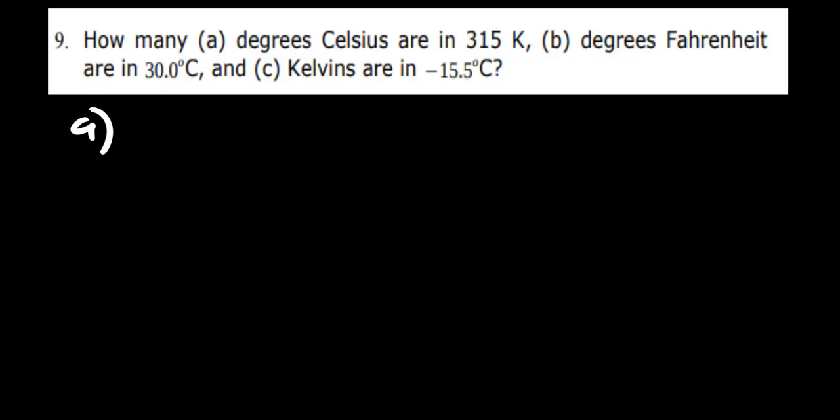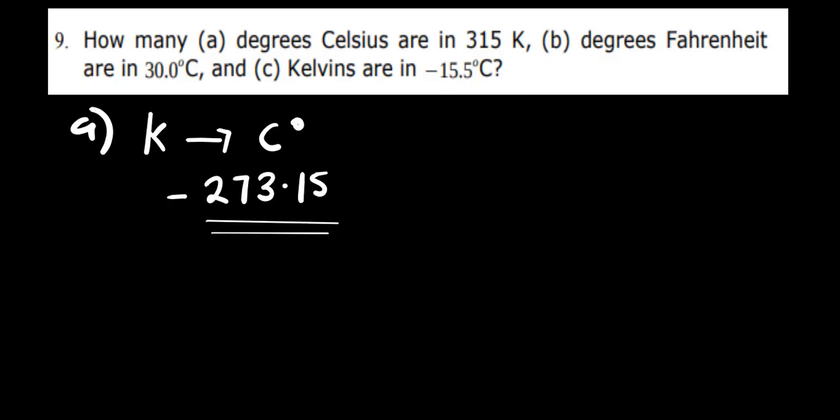You know that when you're converting from Kelvin to degrees Celsius, you subtract 273.15. That is if you are converting to Celsius, because that is a conversion unit. For the Fahrenheit, we don't do it.